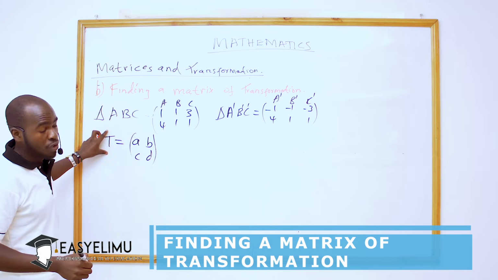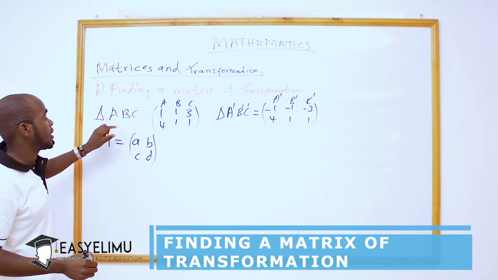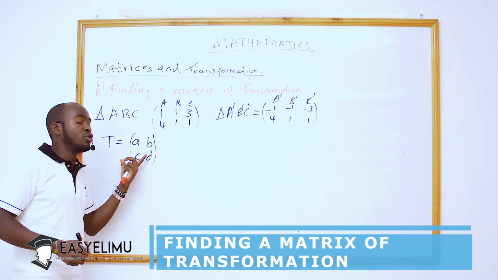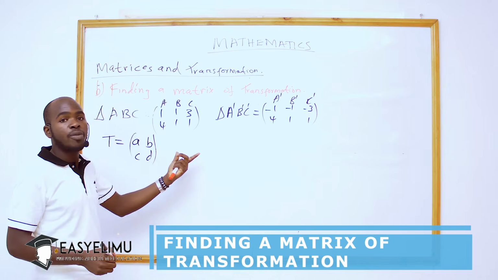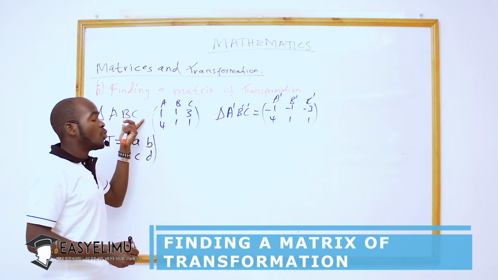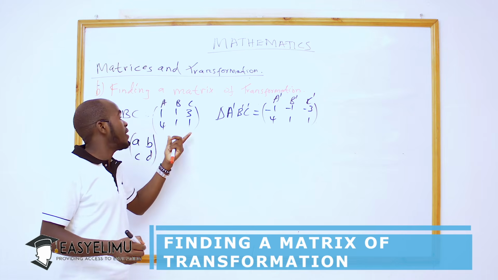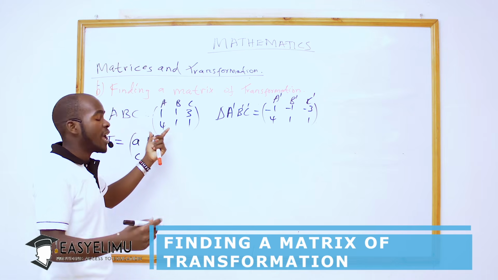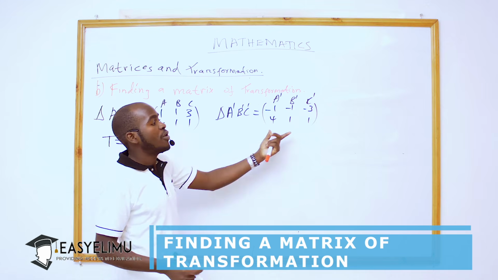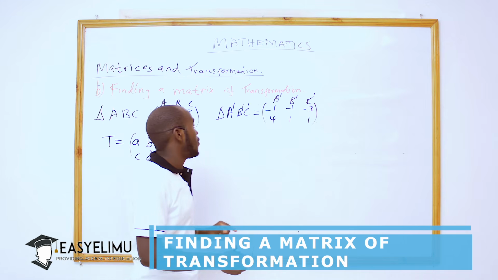We know from our first session that if you pre-multiply any transformation with a given figure, such as a quadrilateral or triangle, it will give you the image.